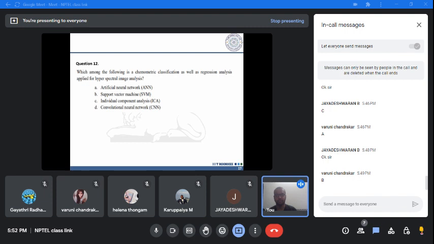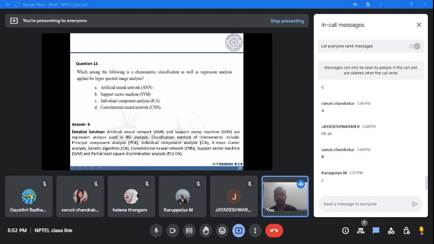Okay, so let me tell you the answer. Support vector machine will be the correct answer. Artificial neural network and support vector machine are regression analysis methods used in hyperspectral image analysis.